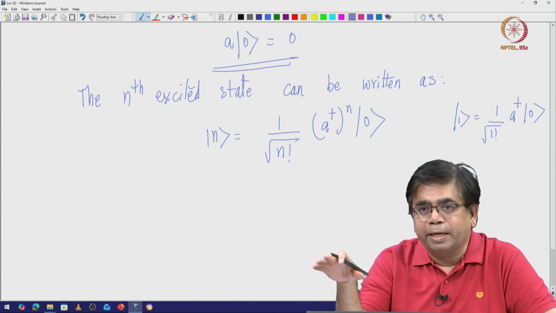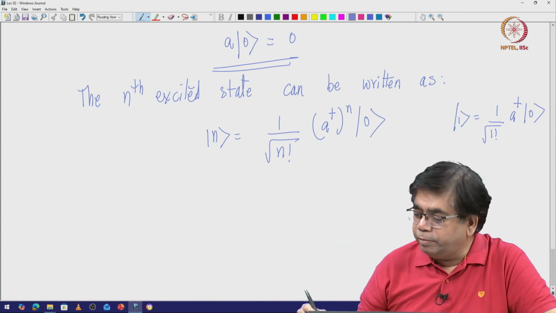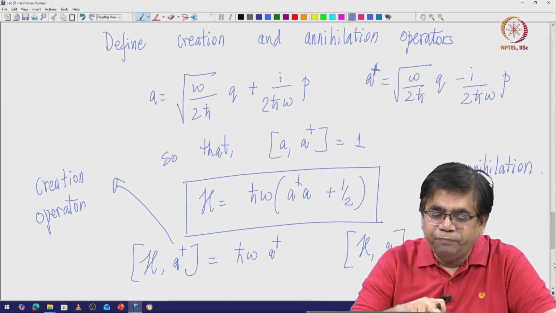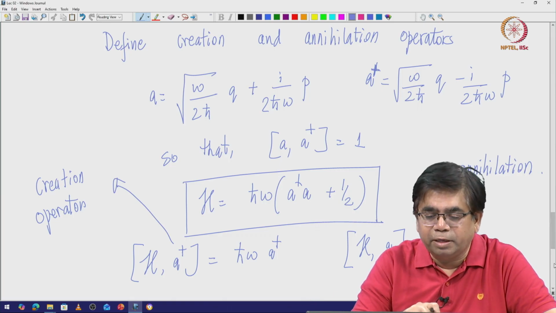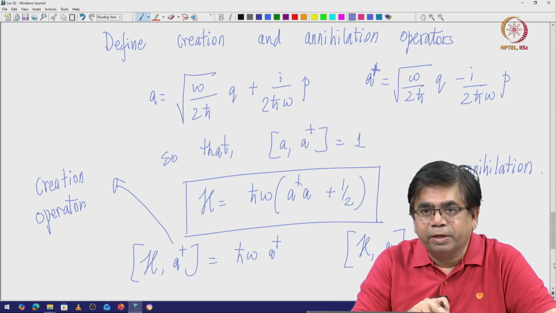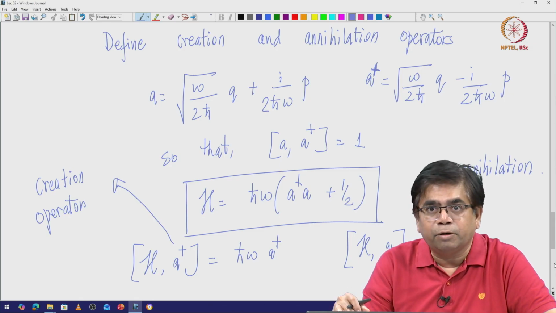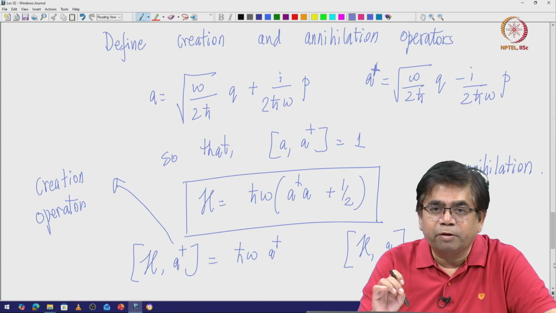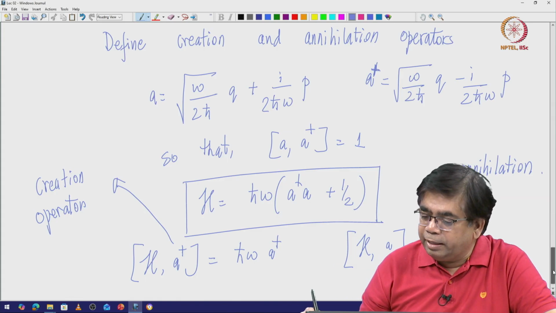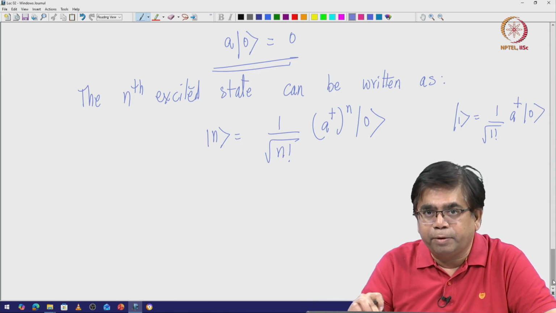Now, this is all quantum mechanics, but what I wanted to represent is that for a given frequency omega of a harmonic oscillator, you have an annihilation operator and a creation operator, and it creates n number of states depending upon its energies.